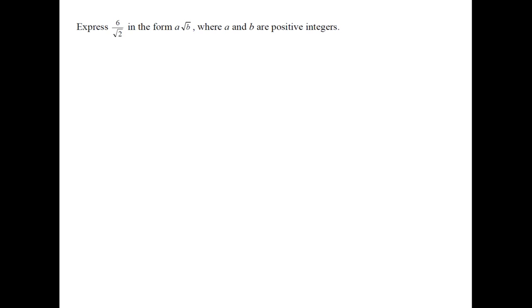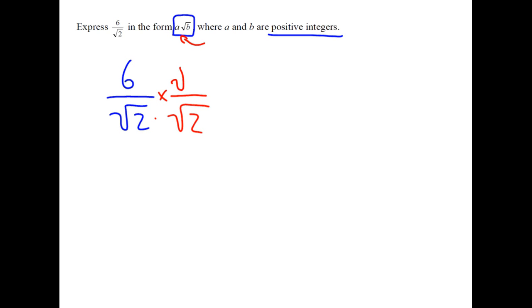Express 6 over root 2 in the form a times root b. Positive integers, whole numbers. So notice there's square roots on the bottom of this, so we need to get rid of this root 2. So we're going to times by root 2 over root 2, so we're not messing anything up.